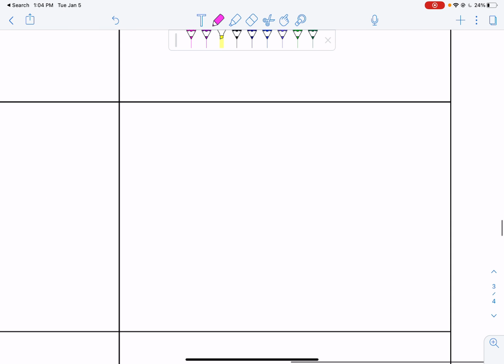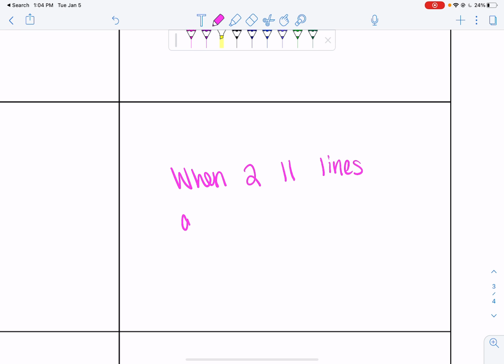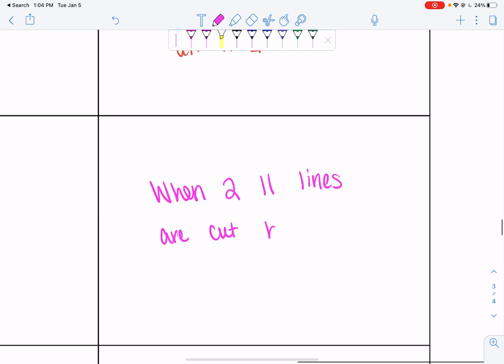So for this one, I can say when 2 parallel lines are cut by a transversal, corresponding angles are congruent.